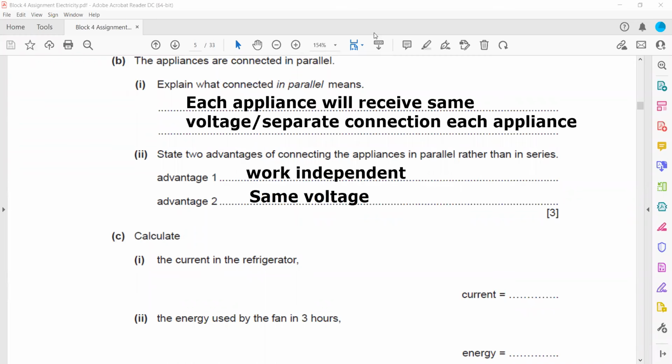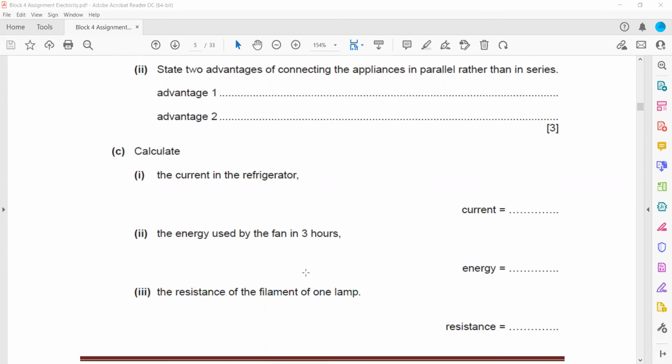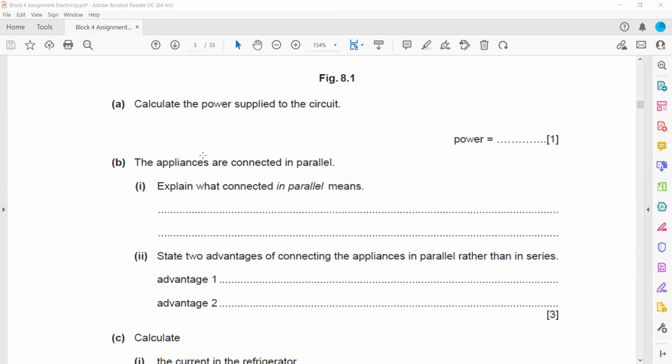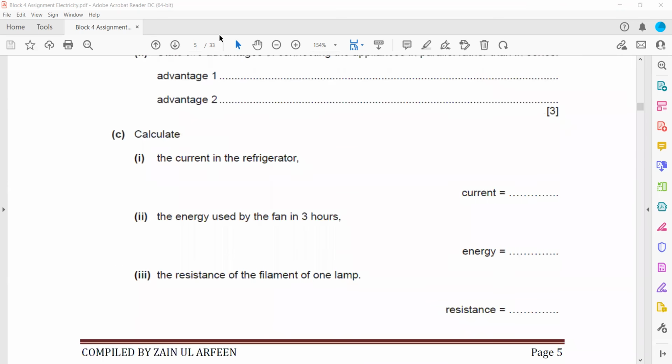The next part, the current in the refrigerator. How do we measure the current in the refrigerator? Because the supply is 240, the refrigerator will also receive 240 volts. So we have the voltage and we have the power. The formula which relates power, voltage and current is P equals VI. So power is equal to voltage multiplied by current.